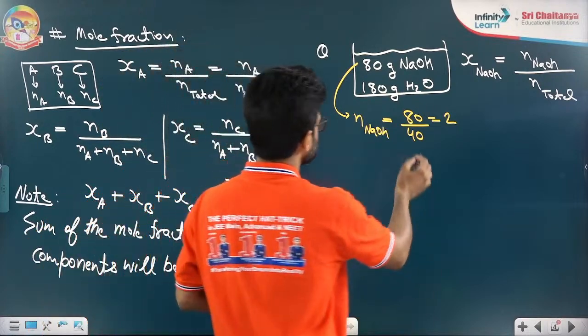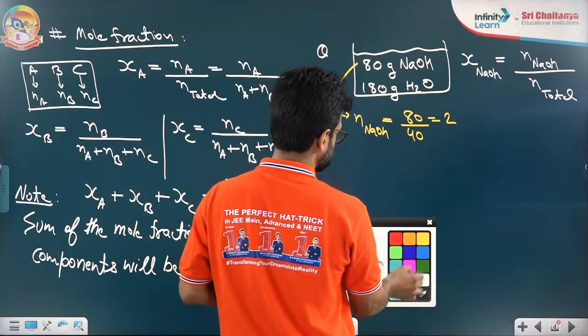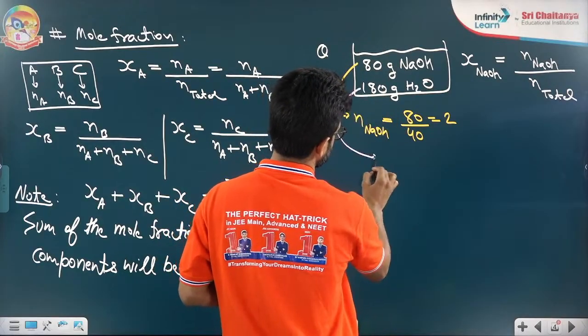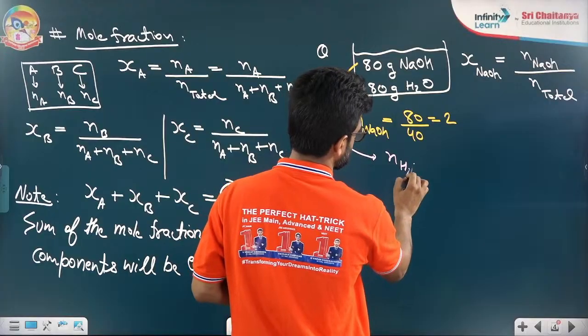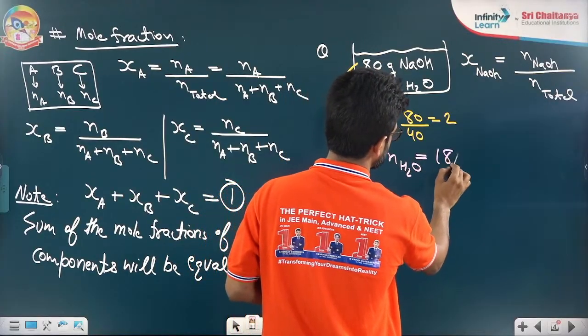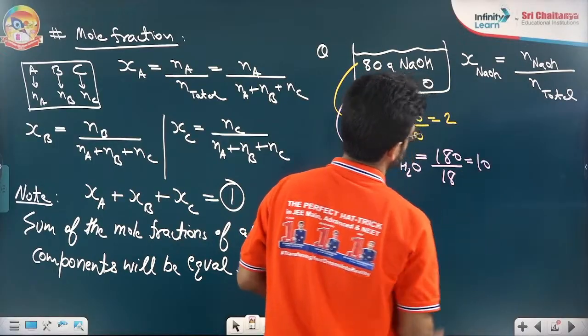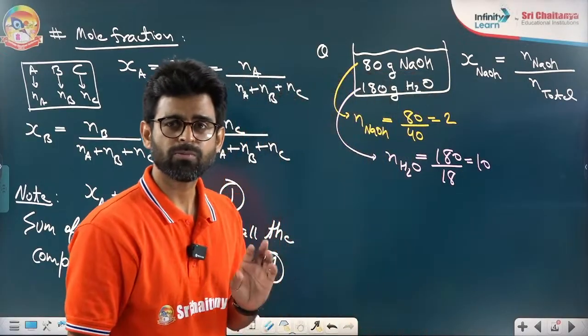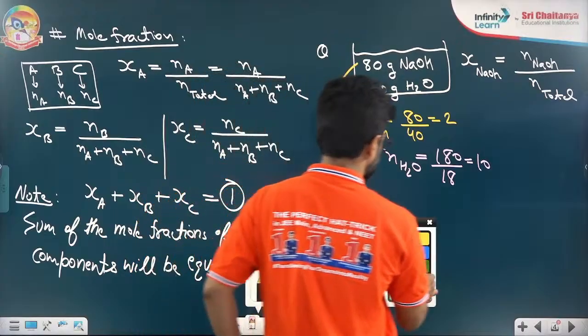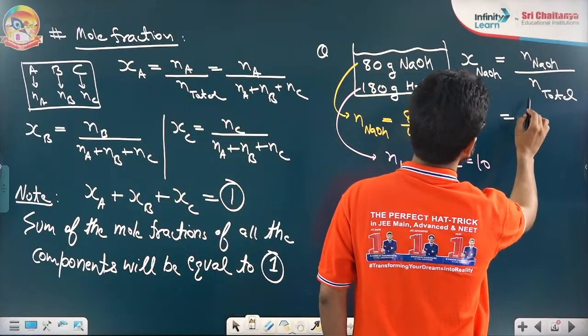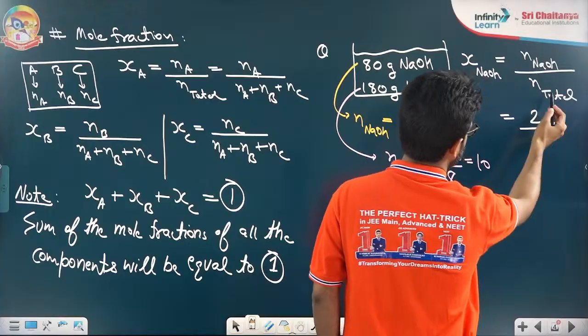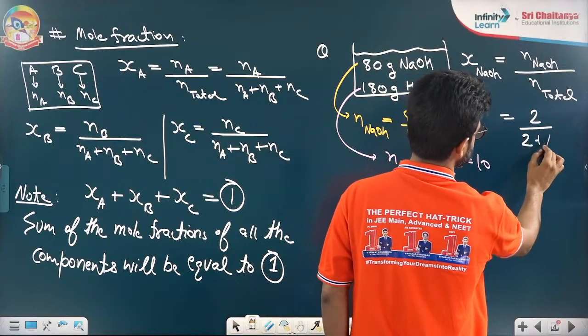Now here we have 180 gram of water. Let us find the moles of water also. How many moles, beta? 180 divided by how much? 18. So what is coming? 10 moles. Fine. So we have moles of both the things. Now it's very easy to find the mole fraction. Moles of NaOH, 2, divided by total moles, 2 plus 10.